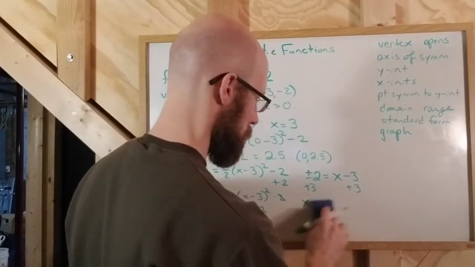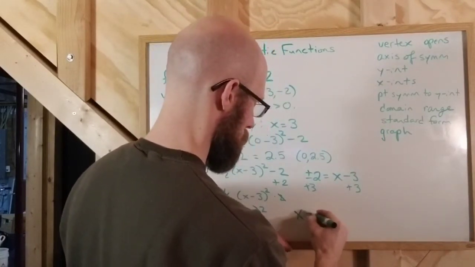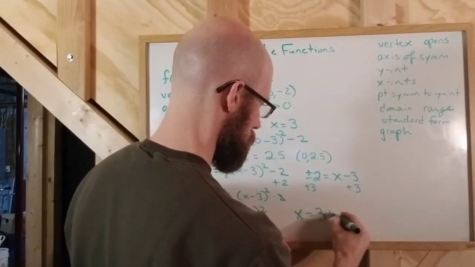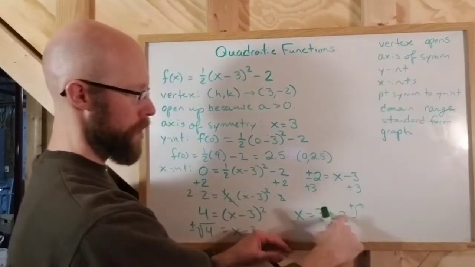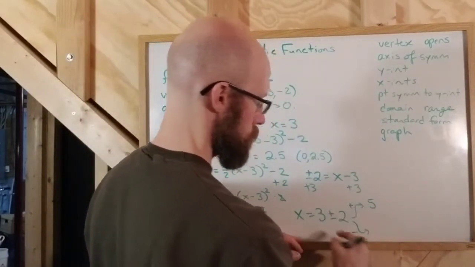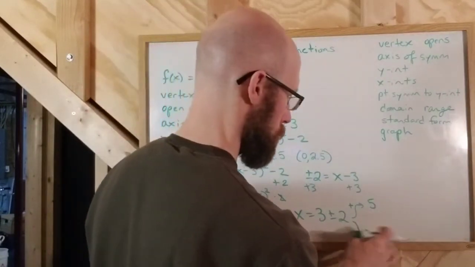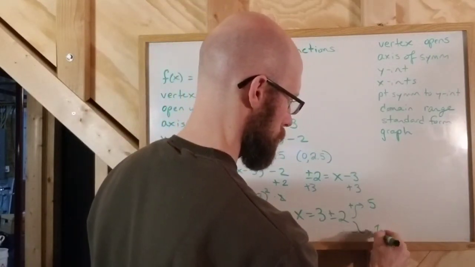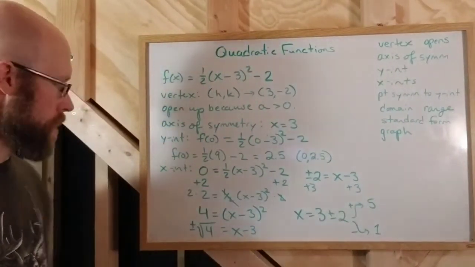In fact, I'm going to give myself a little more space right there. 3 plus or minus 2. Okay, so with the plus, 3 plus 2 gives me 5. And with the minus, 3 minus 2 gives me 1. Okay, so 5 and 1 are going to be the two x-intercepts.